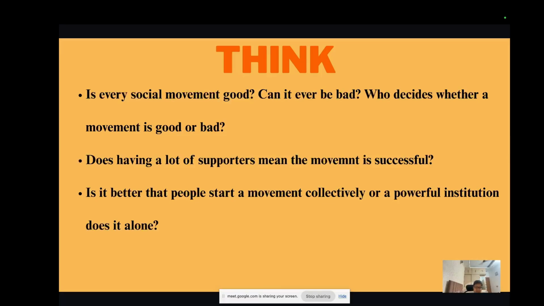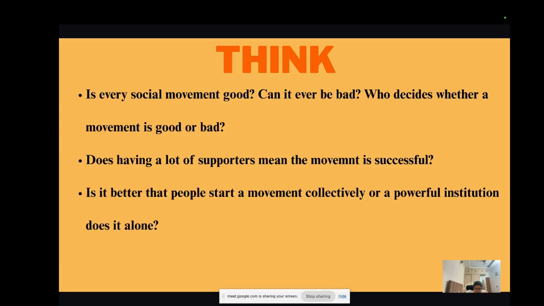According to me, both methods have their own advantages, ma'am. If a powerful institution does it alone, the institution will have a lot of resources compared to other people.